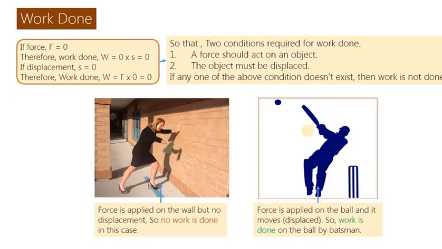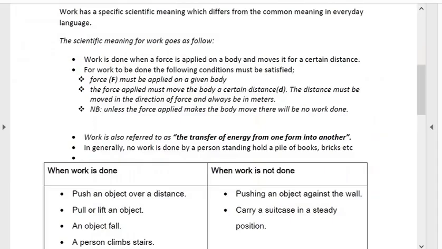So you're going to calculate the force which the batsman applied and the distance which the ball moved, and you can then calculate the work done, right? The work done on the ball as it moves. There's going to be a force applied, and a particular distance that is moved.